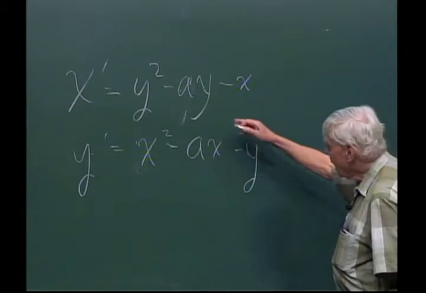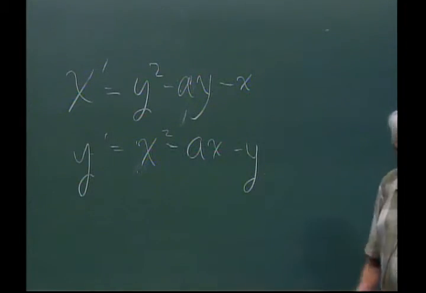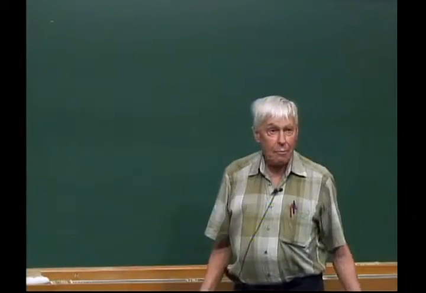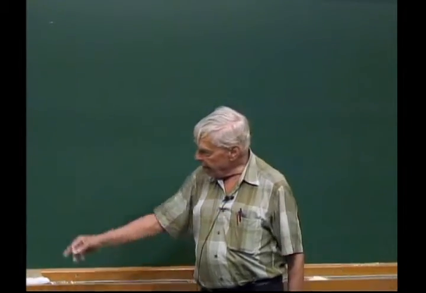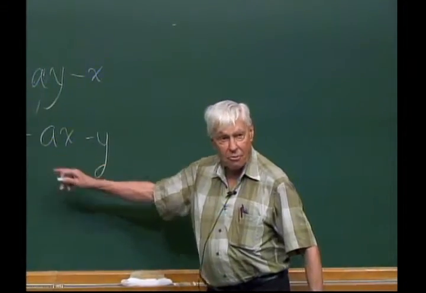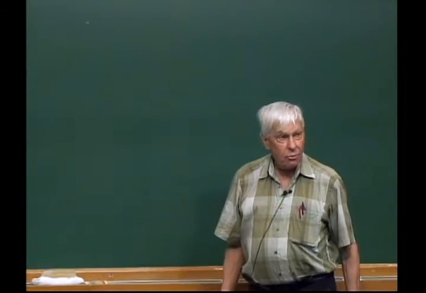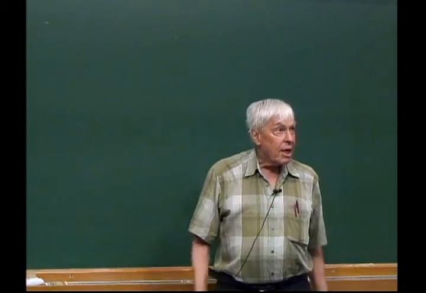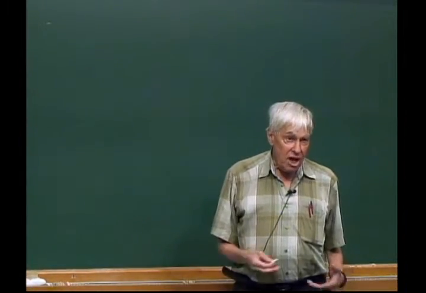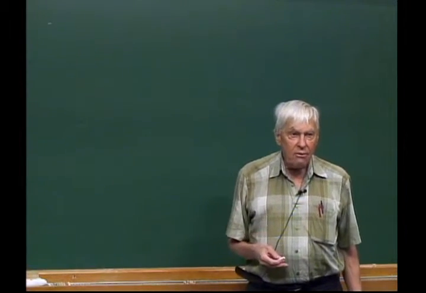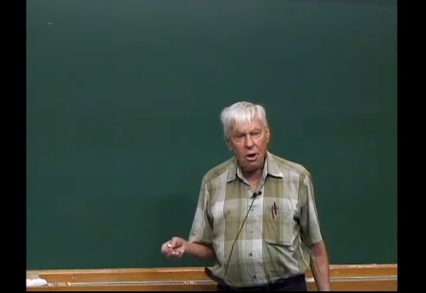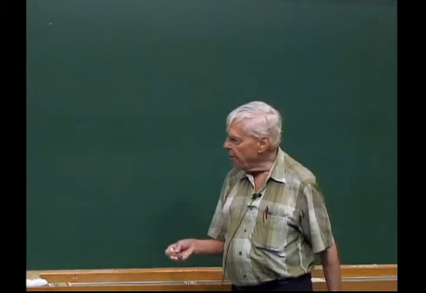Okay, so I want to analyze this. And my belief is that it has not been done before. A is our mu. A is the bifurcation parameter. Okay, so we want to look at what's happening in the dynamics as A changes from negative through 0 through 1.